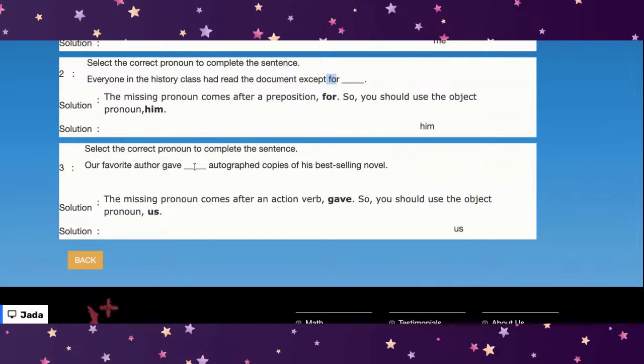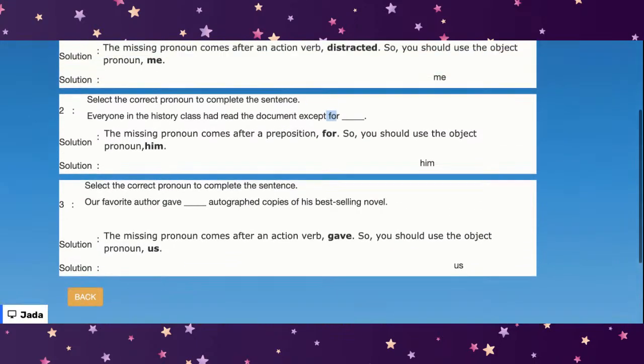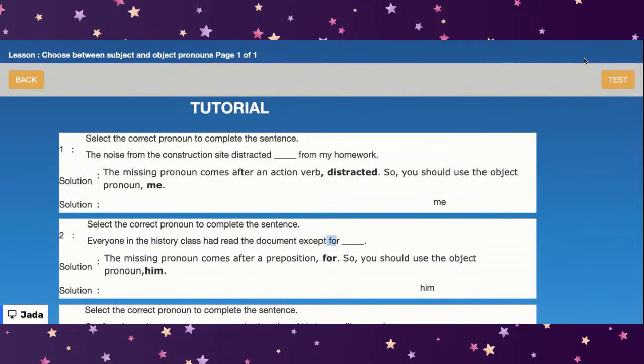Our favorite author gave dash autographed copies of his best selling novel. So, gave us autographed copies. It's after an action verb, so you use the object pronoun us. Let's move on to the test.